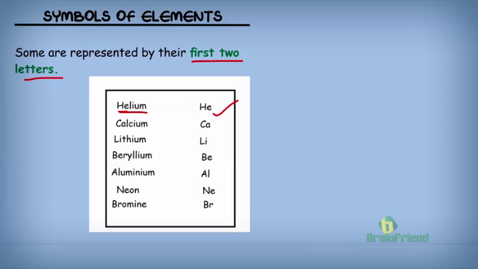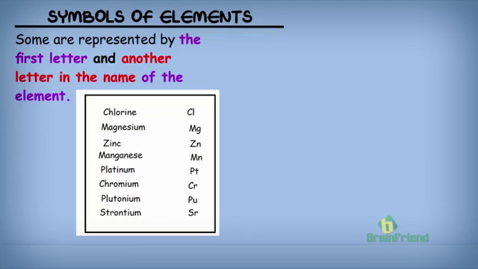So this follows for other elements that have their symbols derived from two letters, such as calcium, lithium, beryllium, aluminium, neon, bromine.